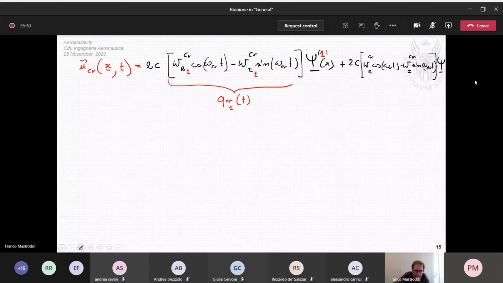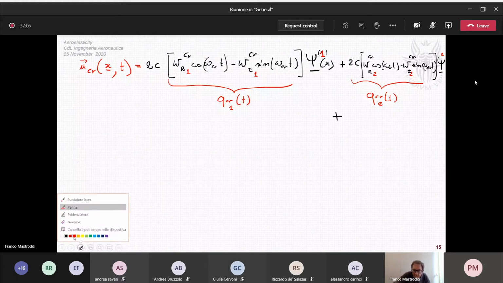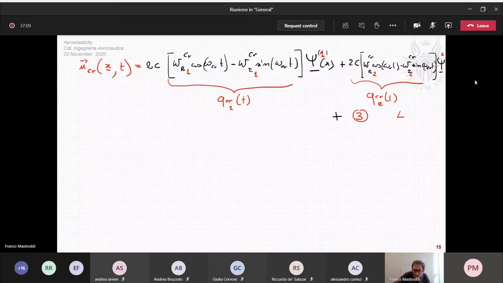Here we have in red the contribution of the second component of the critical modal coordinate, a function of time, and the second component of the complex eigenvector referred to the second mode of vibration. Okay, and we can include plus the contribution number 3, number 4, and so on.